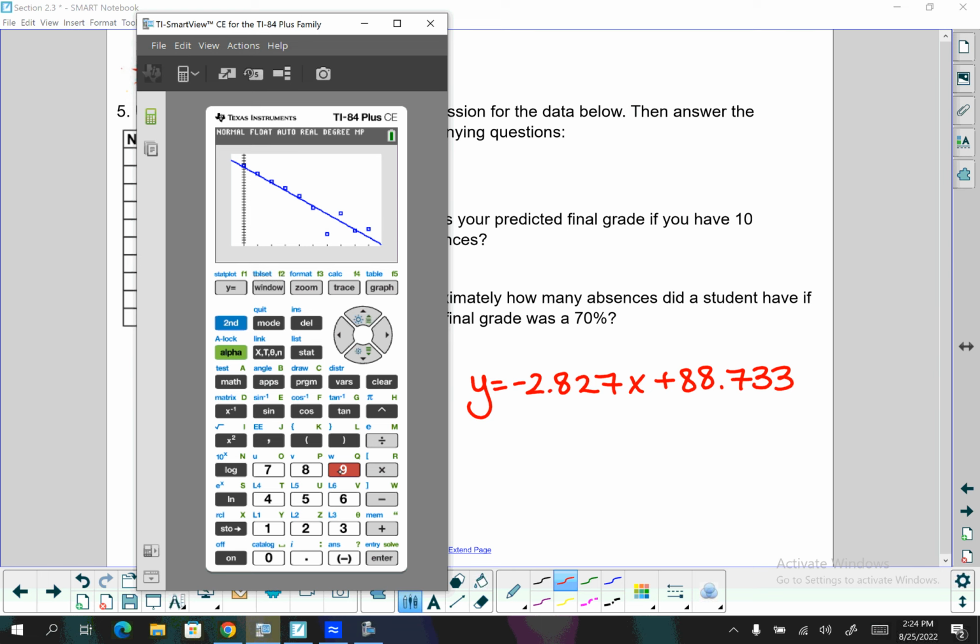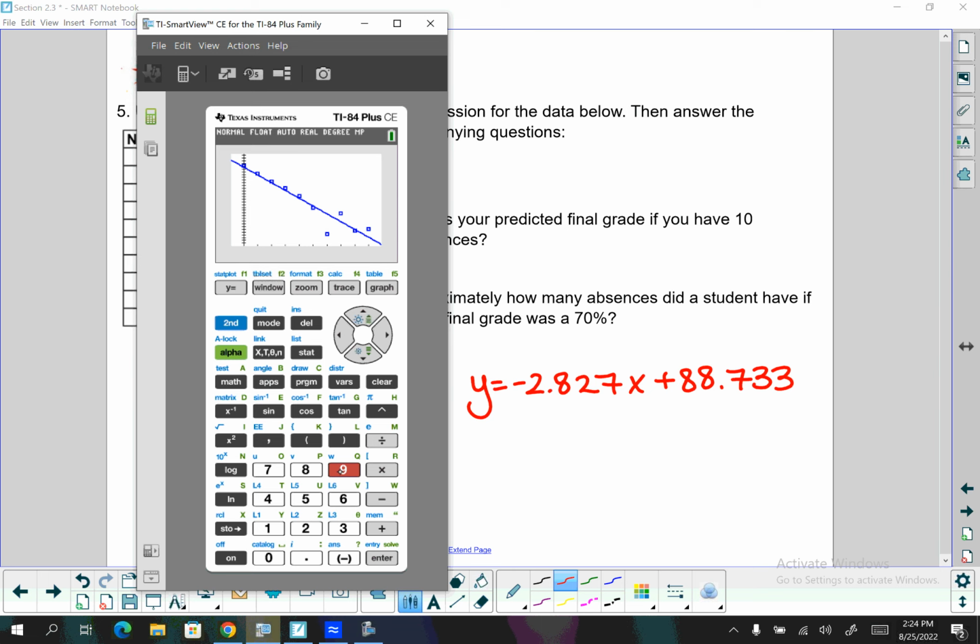Okay. You don't have... Oh yeah, plot on. There we go. Oh, -2. That's all it was. Invalid dimension. Check size.